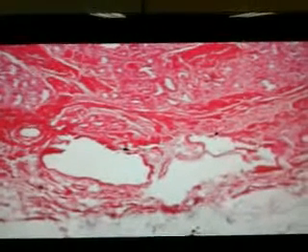Gross examination of the gallbladder shows thickened wall with calculi and the mucosal surface.